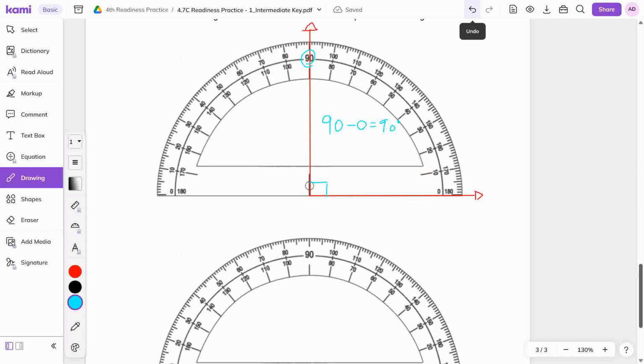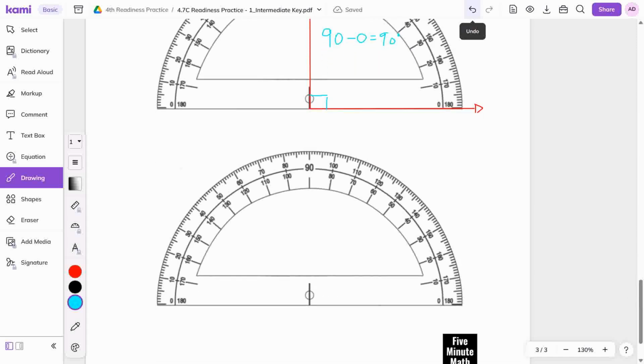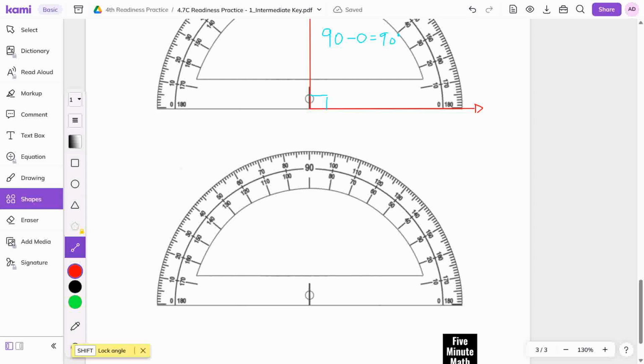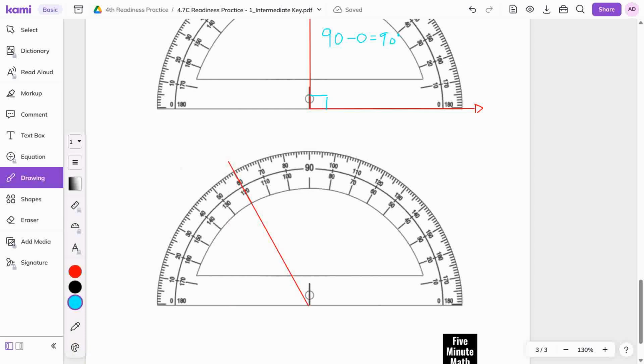Now let's look at this other one and let's challenge ourselves. Let's make it not have a ray on 0. So how would we do that? Well, I'm just going to pick a random ray right here. So let's go to this right here. All right, so I'm going to pick one of the multiples of 10. So we're going to land right there on, we can count it 60 or 120.